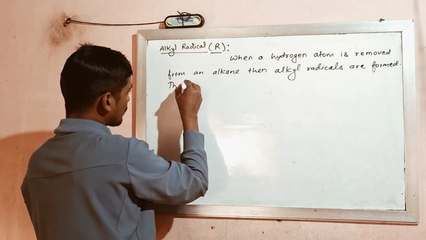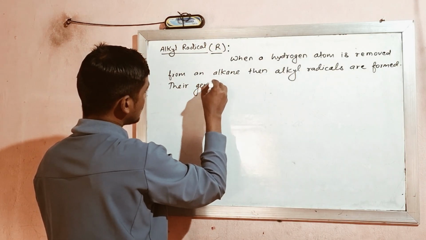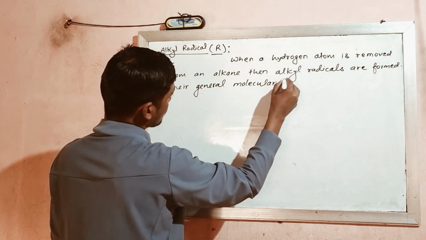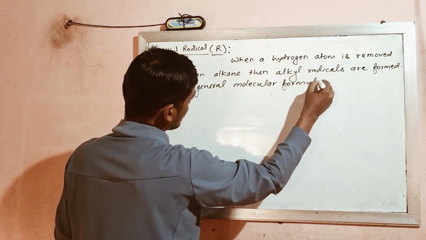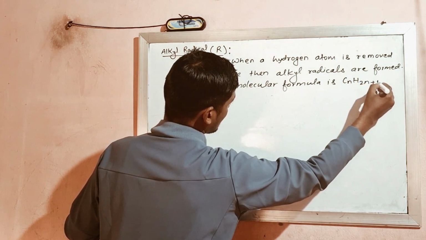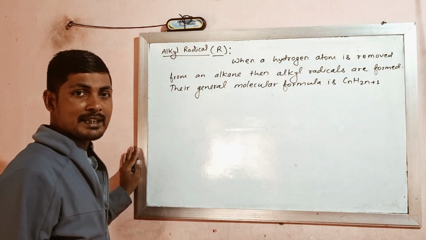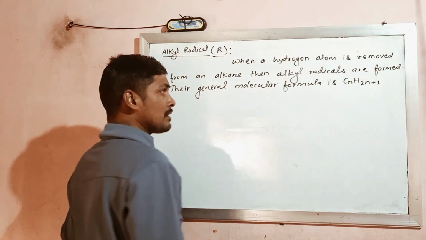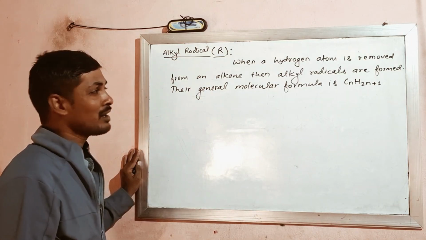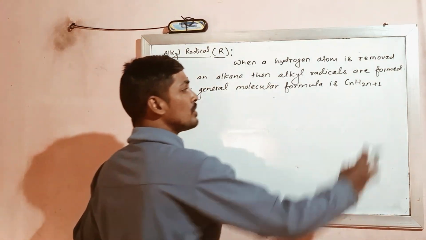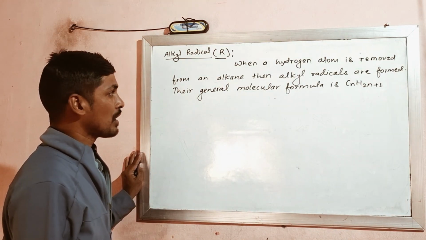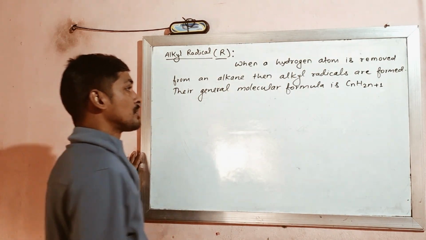Their general molecular formula is CnH2n+1. As you know, the molecular formula of alkane is CnH2n, and if one hydrogen is removed from the alkane, then what is formed? Alkyl radical is formed. So we have to remove one hydrogen from the general molecular formula of alkane to get alkyl radical.